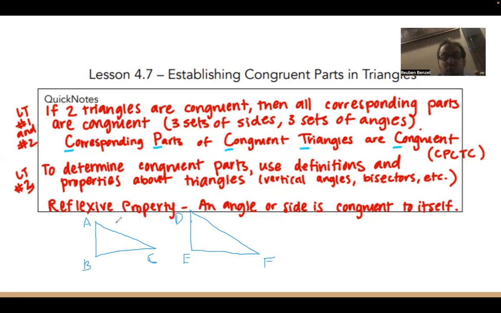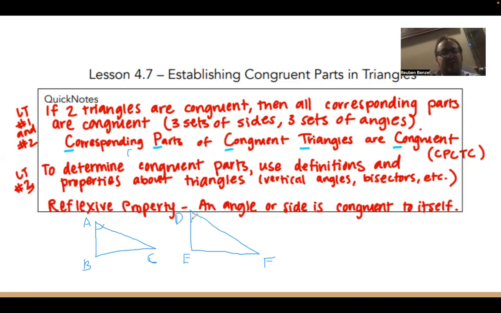One main idea that we're going to be looking at is matching the pieces of evidence. We have this terminology called CPCTC, which stands for corresponding parts of congruent triangles are congruent.